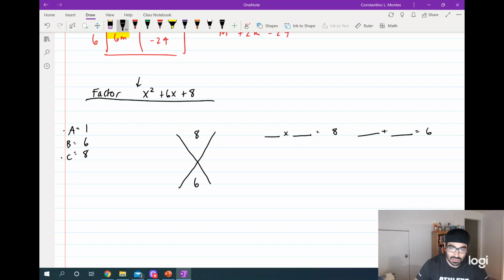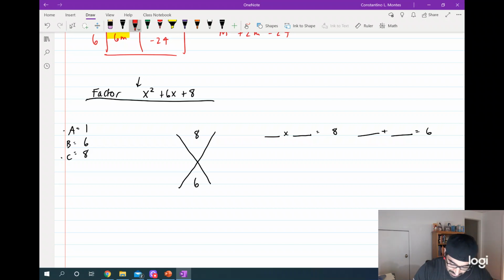So I'm not going to try 1 and 8. And so as you work with these problems, and you work with this factoring thing, you get a little bit better at it, and you start finding the numbers a little bit quicker, and that's great, right?